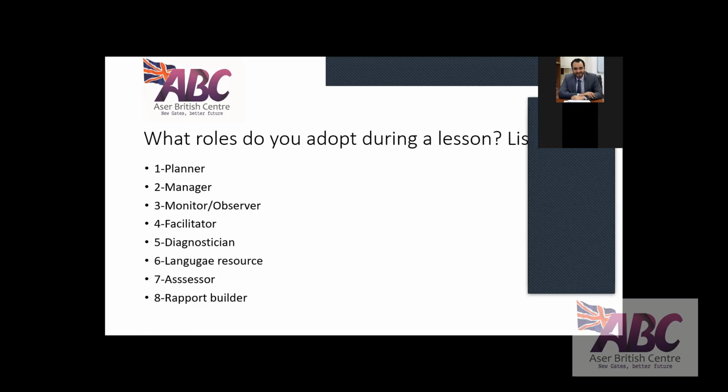And with experience and more sessions, you'll find yourself using more of these roles. So it's not necessary to use all the roles at once if you are starting your career as an English teacher, of course. Before going to the resources that we can use, let's check your understanding of these roles here.